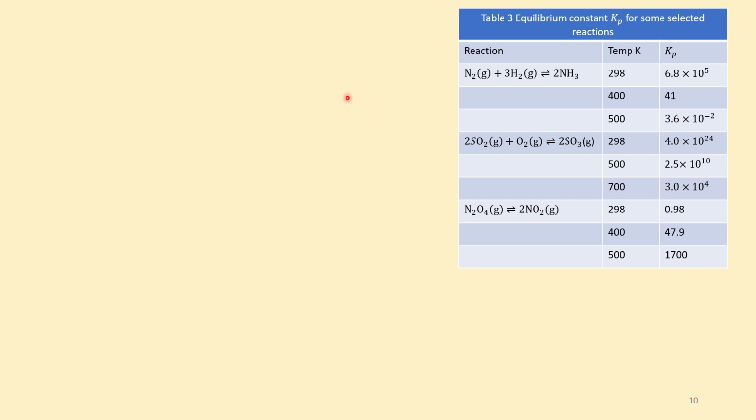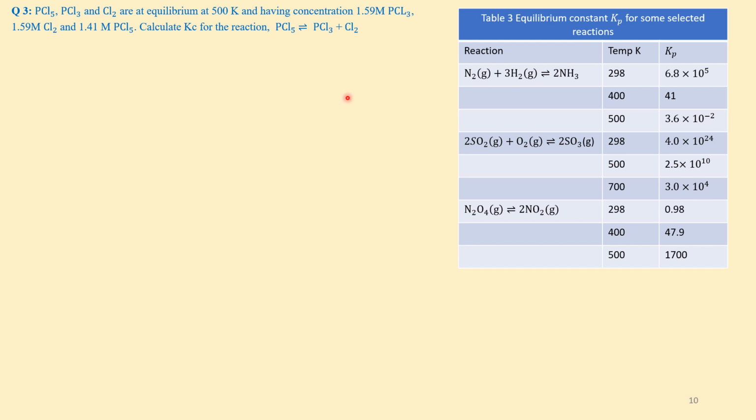Now we will consider some problems. Question number 3. PCl5, PCl3 and Cl2 are at equilibrium at 500 Kelvin, with concentrations 1.59 mole for PCl3, 1.59 mole for Cl2 and 1.41 mole for PCl5. Calculate the value of Kc for the reaction PCl5 forming PCl3 plus Cl2, reversible.